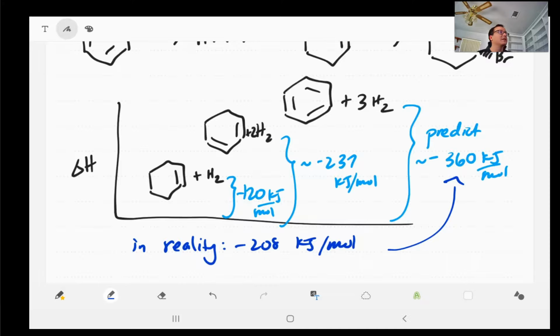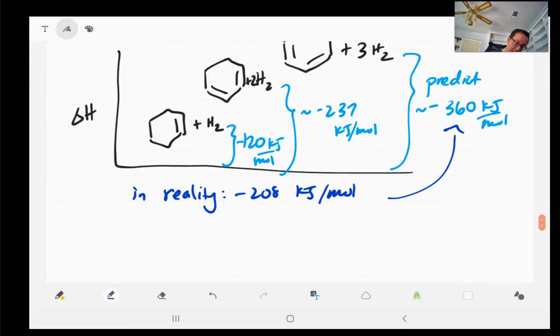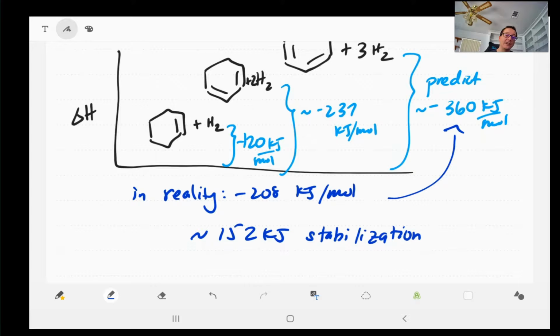And so, just like before, when we saw that conjugation gave us some extra stability, this gives us way, way more stability. This gives us roughly 152 kilojoules of stabilization energy. So it takes less energy to react this, or it gives off less energy when we react this, because it has less energy to begin with than we might expect it to have.